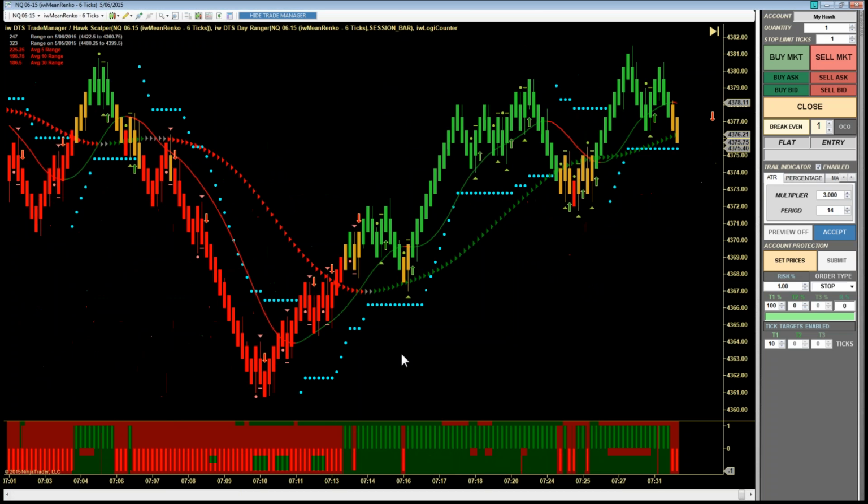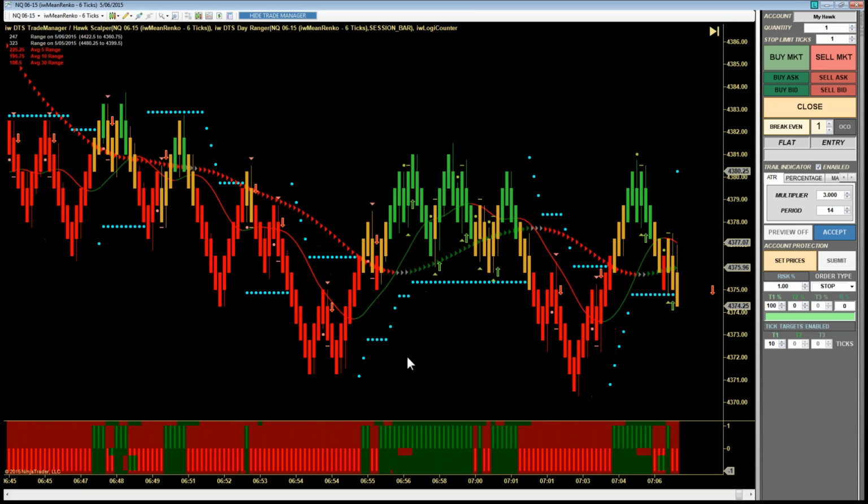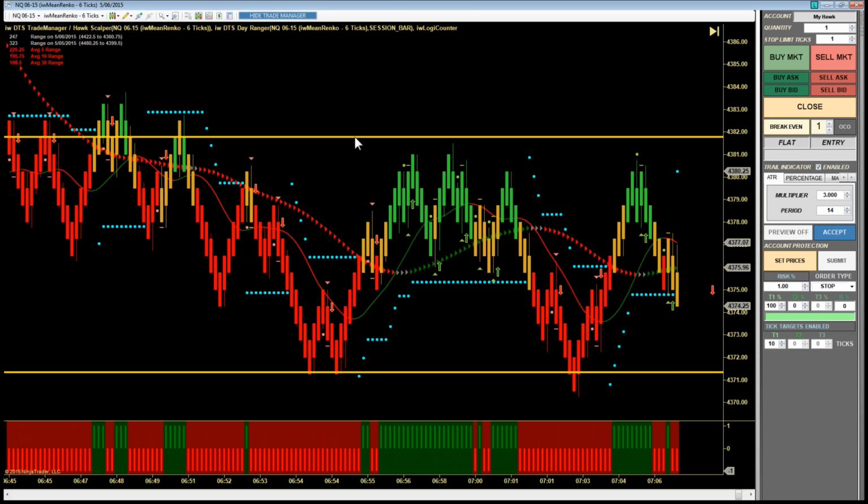Sometimes the most difficult thing, well, maybe for a room moderator, might not be so difficult for you guys, is when I've got people in the room and the market's doing this, there's nothing tradable here. The Hawk is telling me, all these yellow bars, look at the filter, everything is a wash here. There is no tradable trade here. So a lot of times I say, well, here's the range. Let's wait for it to get outside that range.